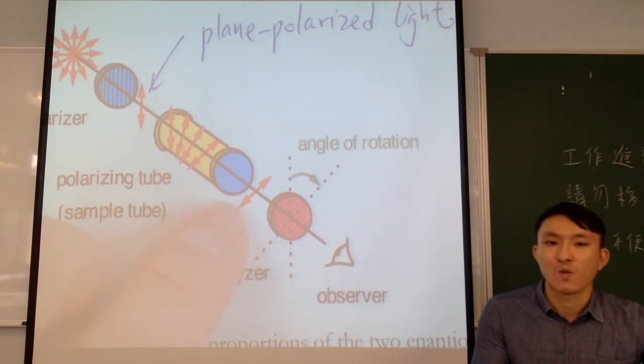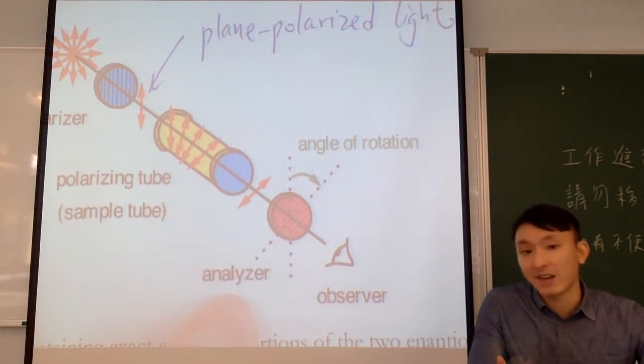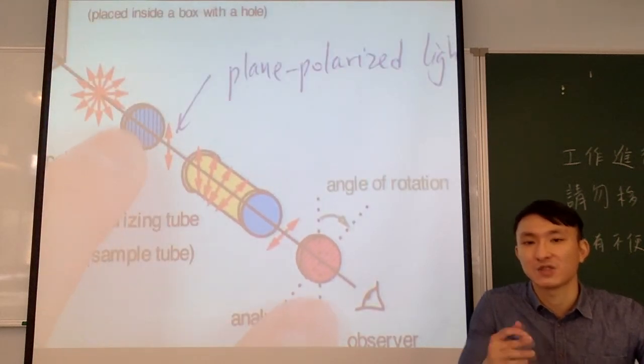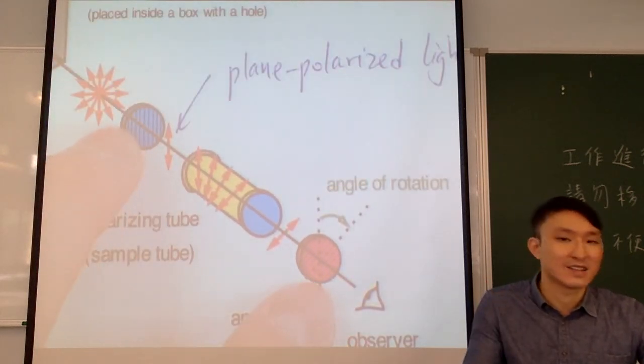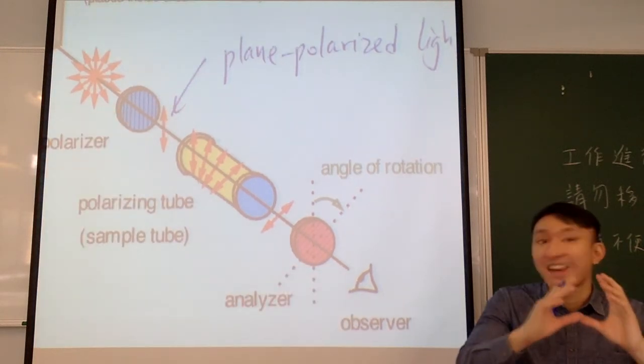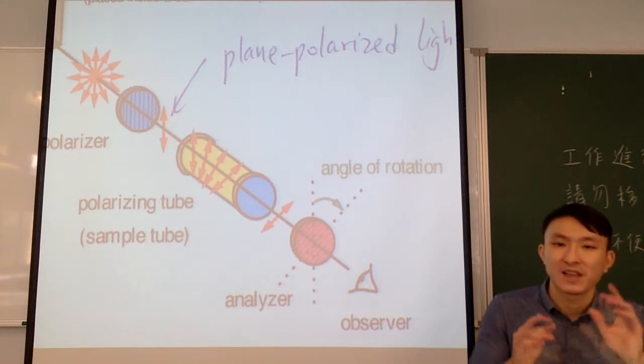Now, when we use another polarizer, actually this one is called an analyzer, but this one is the same as the first one. These are two identical pieces of polaroid, meaning that they only allow a certain direction of wave to pass through.